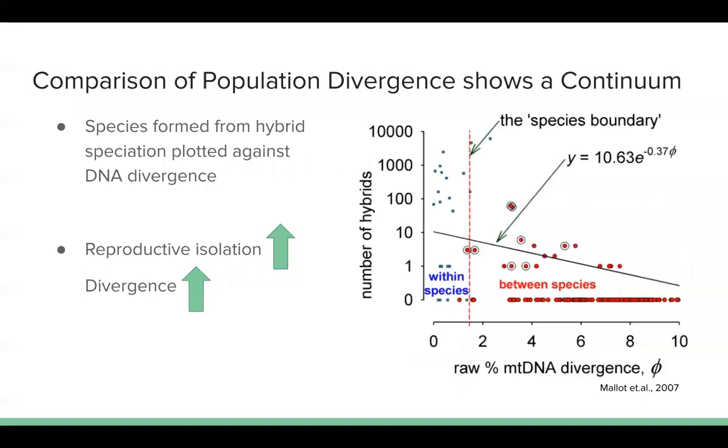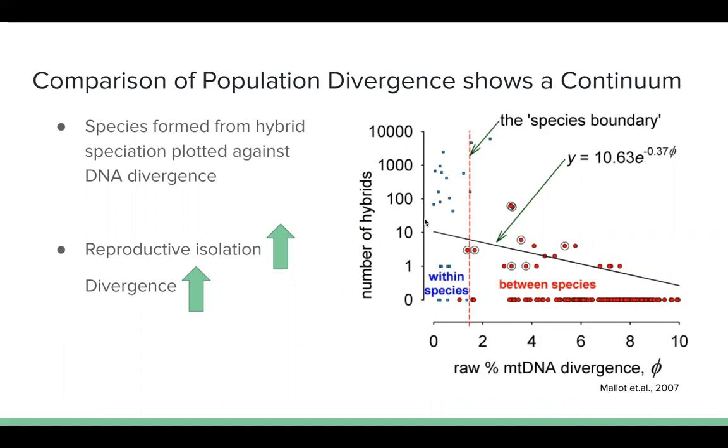And so some evidence to support this was found in some research done by James Mallet, and he showed a comparison of population divergence that reflected this continuum. And so here you see a graph, and it plots the number of hybrids against DNA divergence. And so you see that there actually is a correlation between hybrids and DNA divergence between two species.